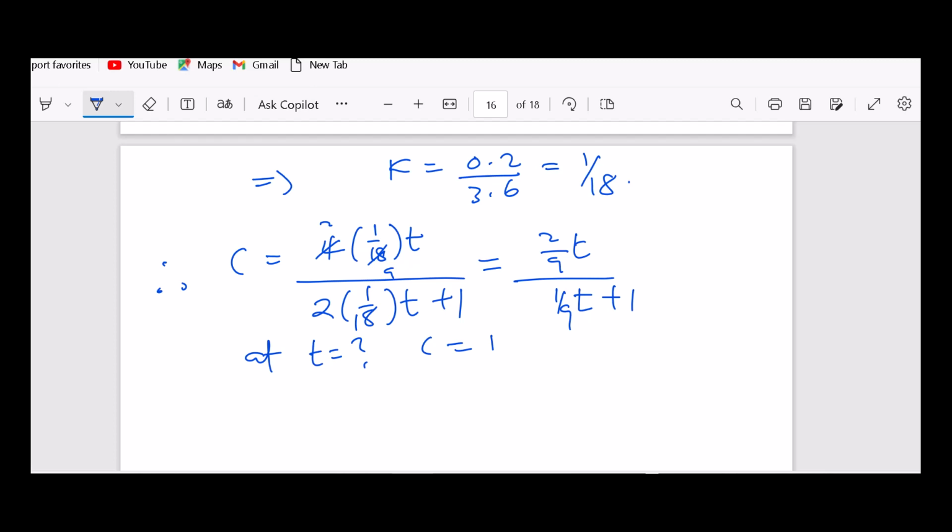So this implies I have 2 over 9T all over 1 over 9T plus 1 equals 1, which will imply that we have 2 over 9T equals 1 over 9T plus 1.